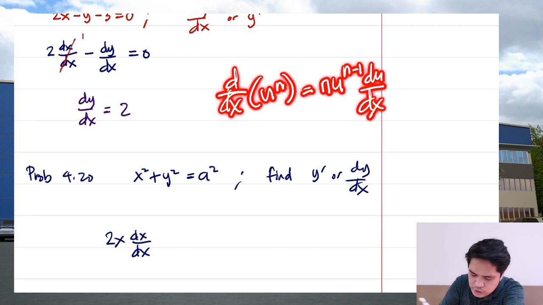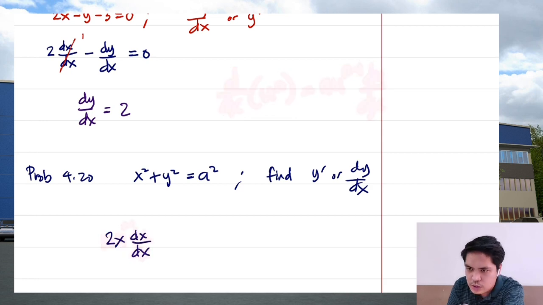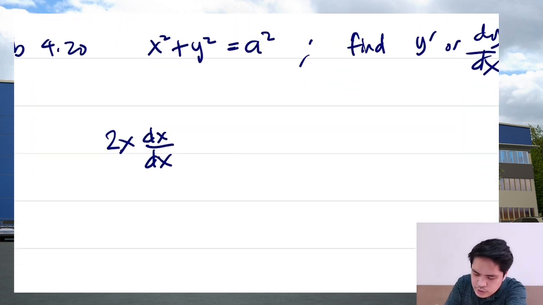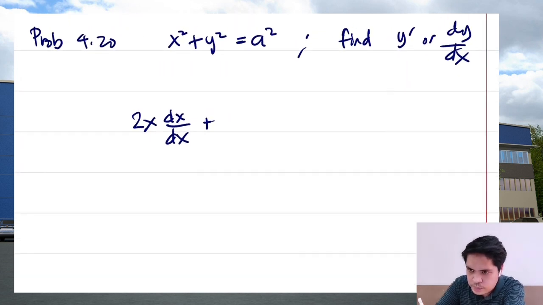In this case, our u is x itself. So that's dx over dx, or simply 1. Cancel that out. Okay? Bear with me for being so detailed so we can understand the process before the shortcut later.